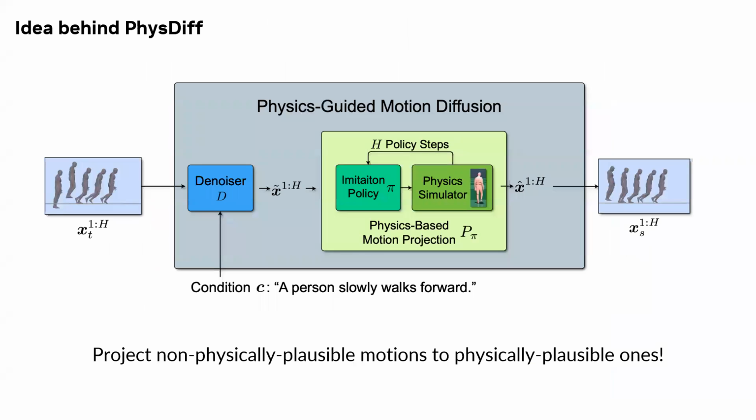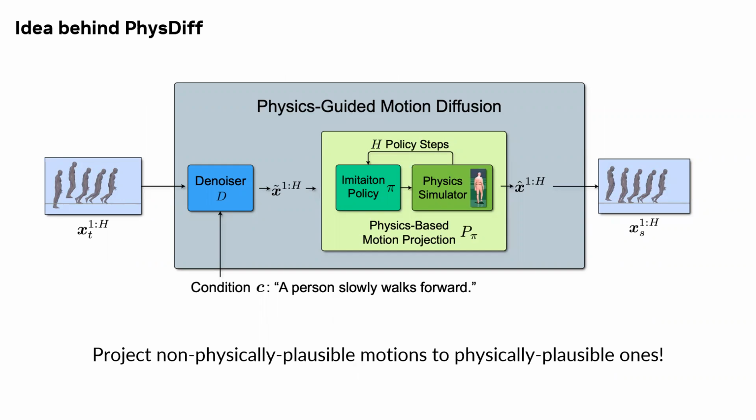The high-level overview is quite similar. After we have the result from the diffusion model, the denoising model, we try to do a physical projection update on this. The physical projection update uses a physics simulator and an imitation policy, and you try to learn an imitation policy that is as close to your current denoised output as possible.